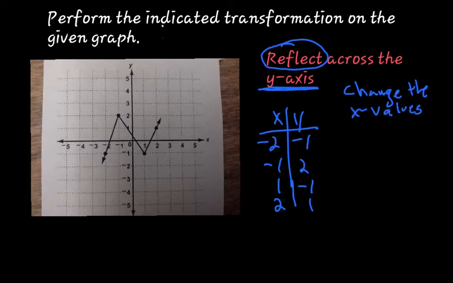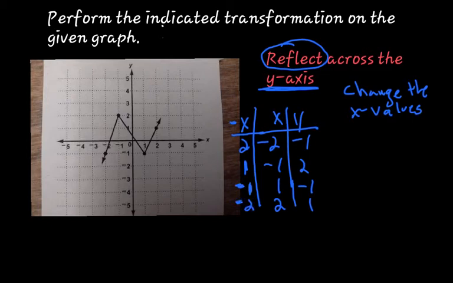So meaning you're going to multiply by -1. So I'm going to put my table here, and I'm going to put -x. I change the sign. So this one becomes positive. The next x becomes positive, becomes negative, and the last x becomes negative.